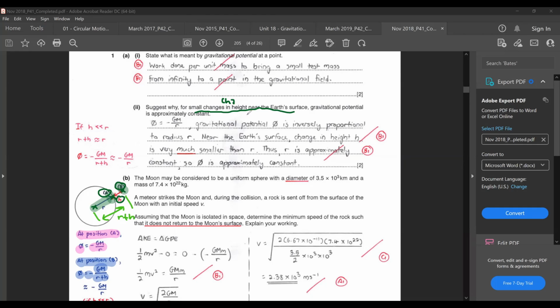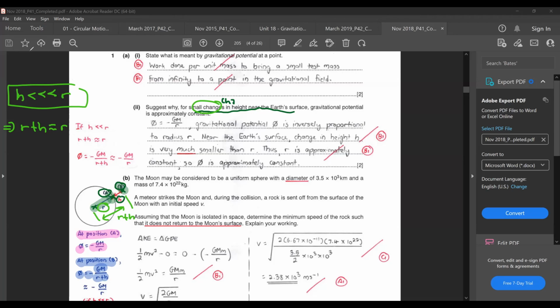Now, because in the first place we're talking about small changes in height, h is so much smaller compared to the radius of your planet, compared to R. Because your height is so much smaller than the radius of the planet itself, we will be able to say that R plus h is the same as R itself.